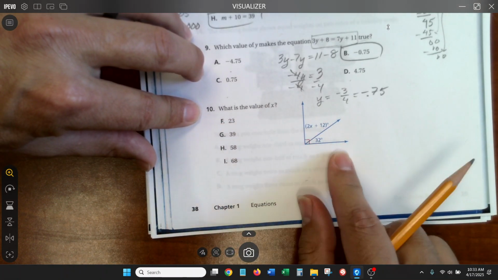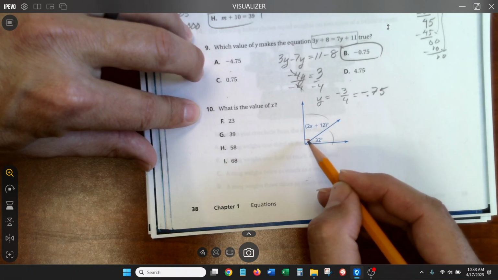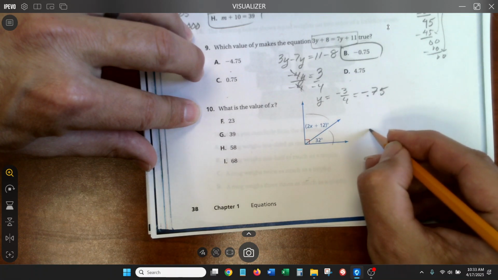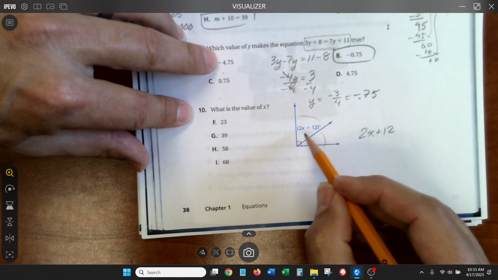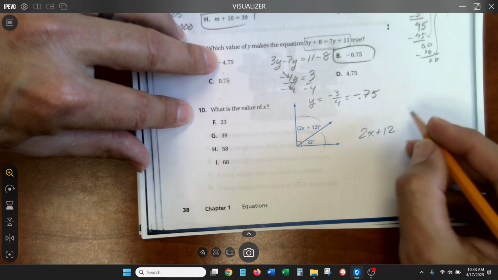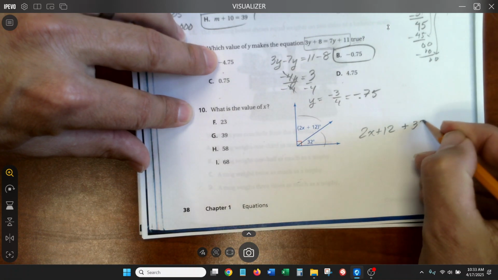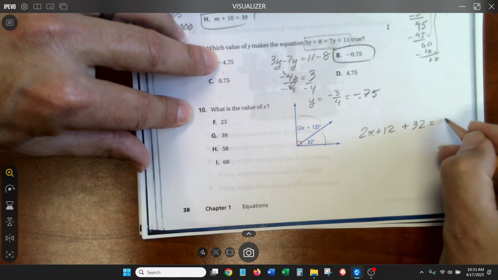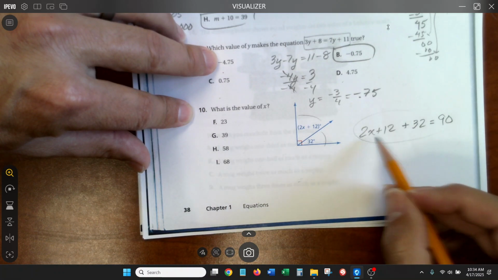What is the value of x given the fact that these two angles form a 90-degree angle? So 2x plus 12, whatever the measure of this angle, when we add it to the measure of this 32-degree angle, they have to add up to a right angle, which is 90 degrees. So we just want to solve this equation for x.